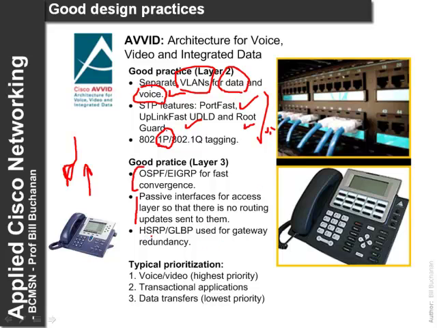And HSRP or GLBP are used for gateway redundancy, so that nodes can find alternative gateways. Typically, with prioritization, voice and video are given the highest, transactional applications such as business critical applications are second, and data transfer has the lowest priority.